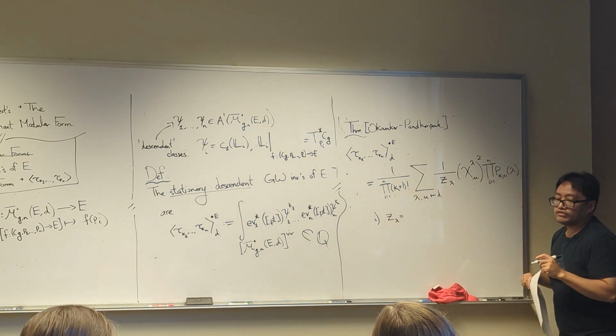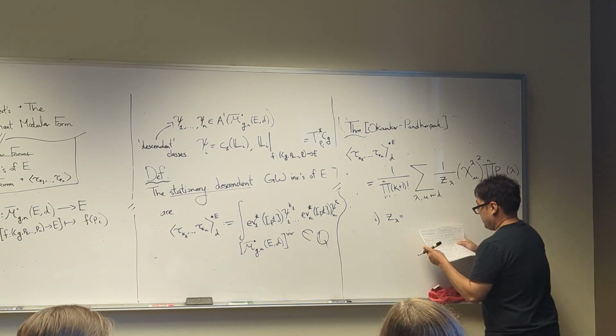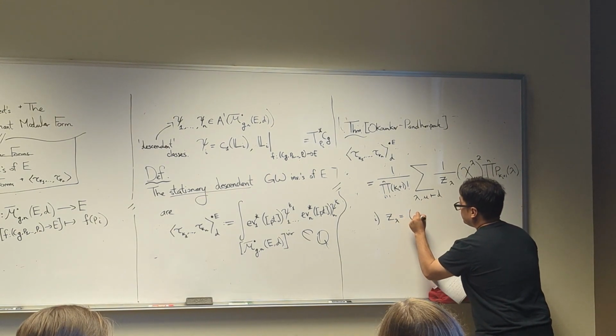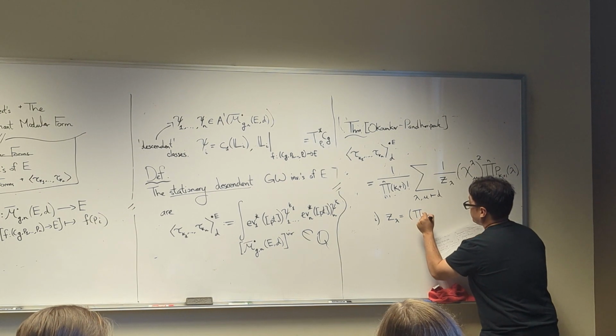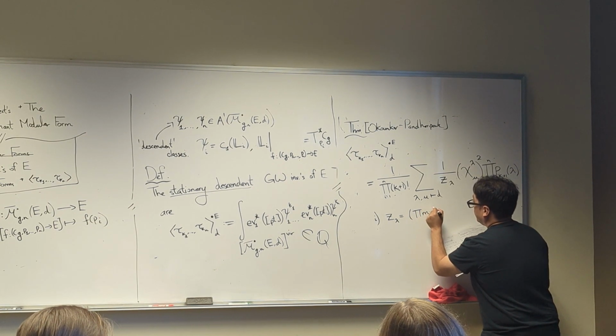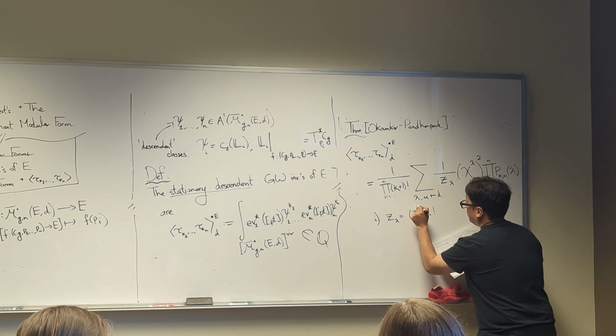If you've taken some representation theory, then z lambda happens to be this quantity here, which has a very group theoretic interpretation. Let me write it.